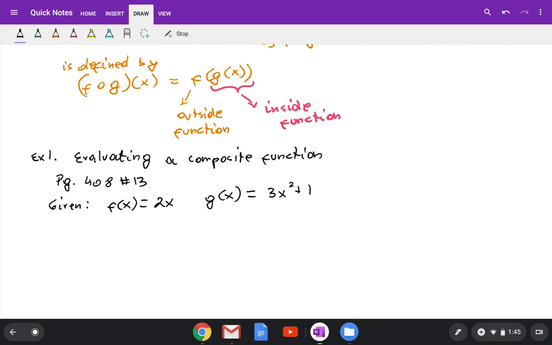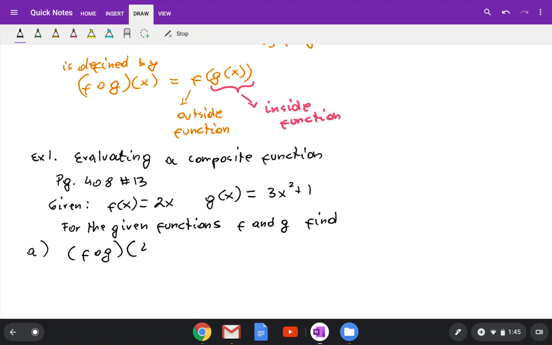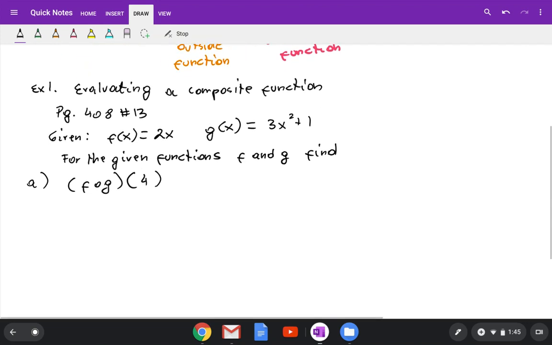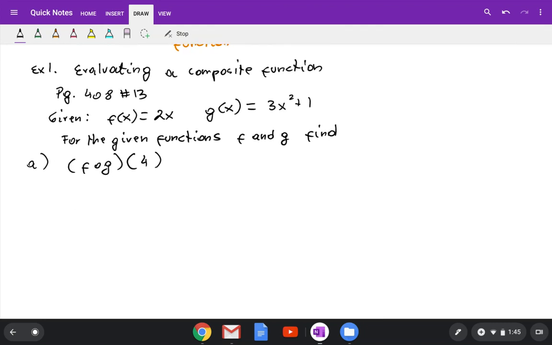And for the given functions f and g, find. And this is what we need to do. And there's a, b, c. I'm going to start with a. f composed with g of 4. Okay, so let me show a solution for this one.